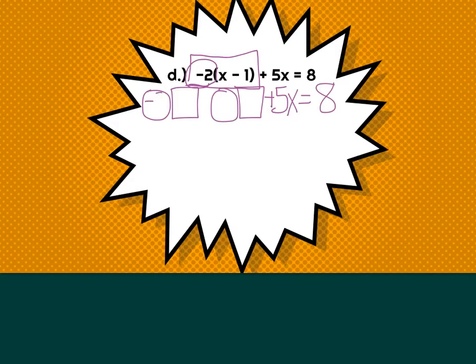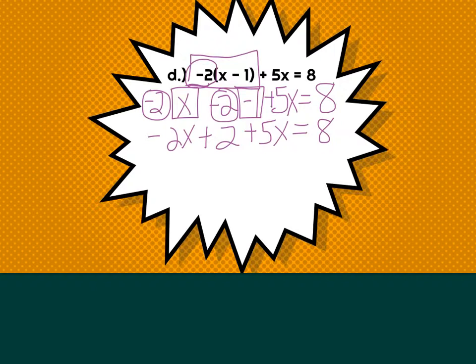The negative 2 is being shared, so that goes into the circles. The x comes down to the first box and the negative 1 in the second box. Negative 2 times x is negative 2x. A negative times a negative is a positive, and 2 times 1 is 2. Then I bring down the positive 5x or plus 5x equals 8.